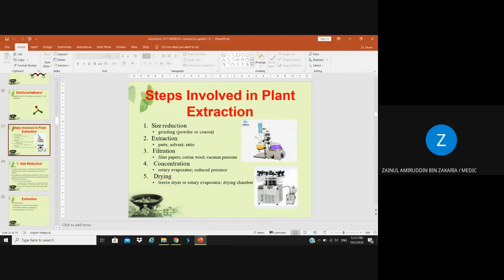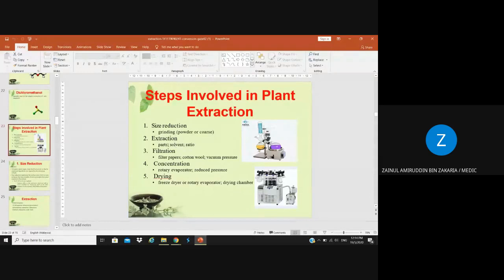If you open the sachet of a tea and pour it, you can see the leaf is not a fine powder, it is coarse, kasar. So you have to grind it first, and after that, you do the extraction.